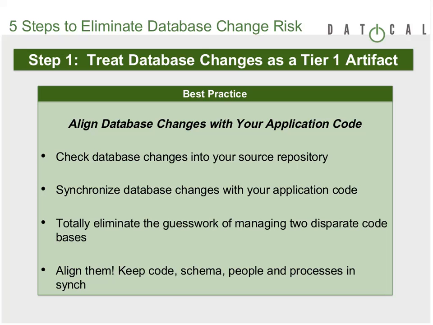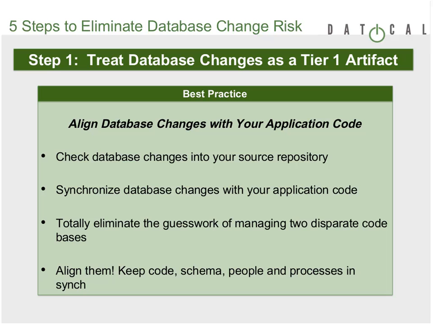What this does for us is that it immediately synchronizes those database changes with the application code. We are no longer in the business of identifying a version number of the application code and finding the corresponding version in the database repository.